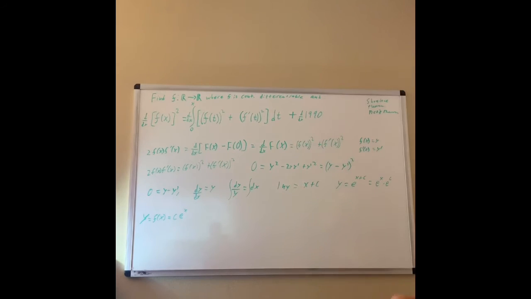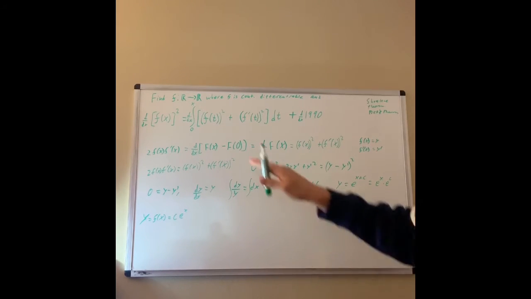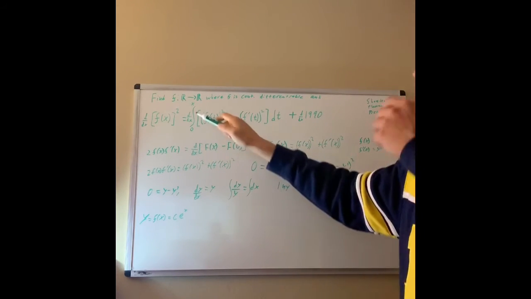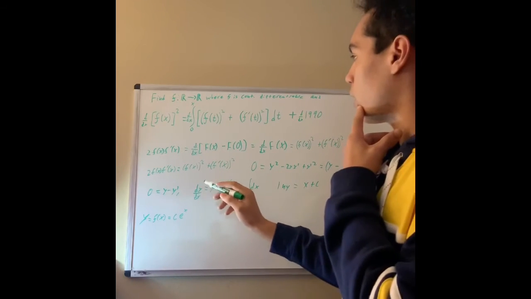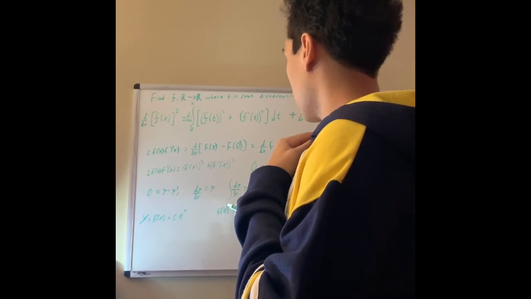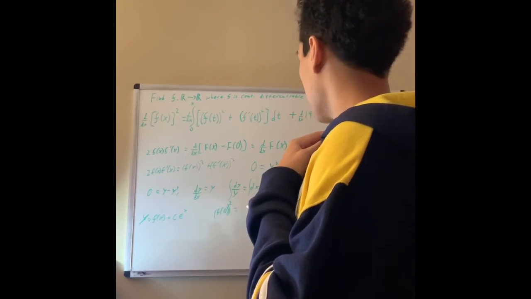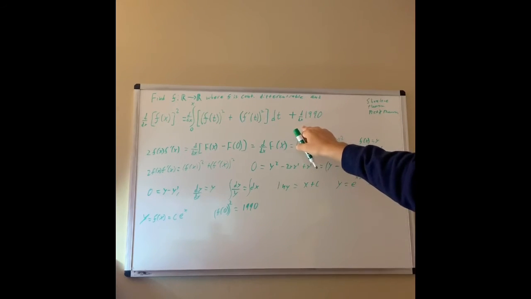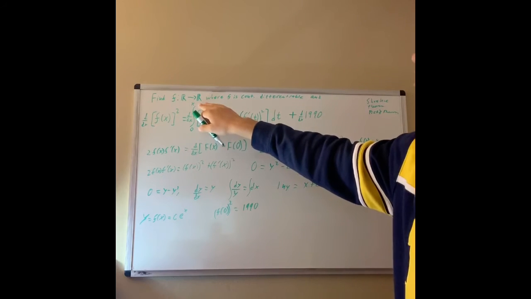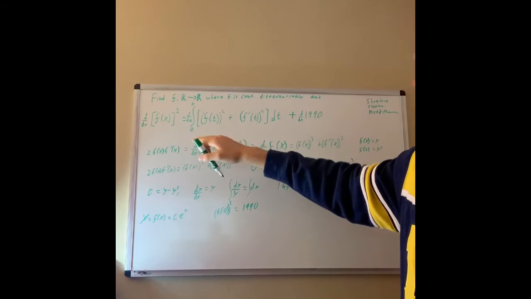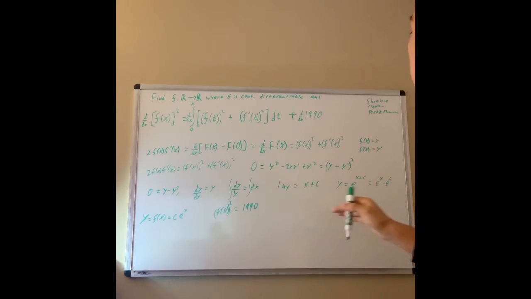Okay, so now we have our function, and we need to find the constant now, and it's going to be pretty simple to do like what I set up here. We're going to plug in 0 for x, and we're going to get that f(0) squared is going to be equal to 1990. If you ignore these differential operators that I wrote in here, and just plug in 0 here and 0 here, the integral from a to a is just going to be equal to 0.